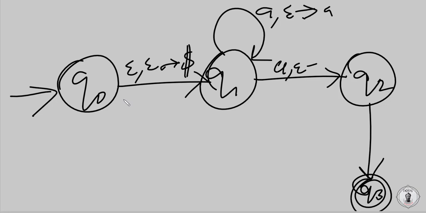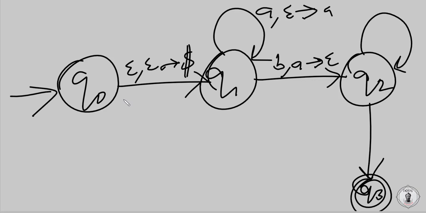If B and I have epsilon, I want to remove, and I have an A, I want to pop it. I want to repeat this condition here.